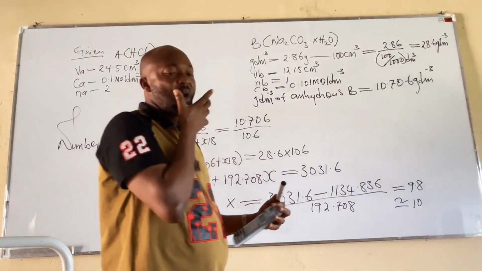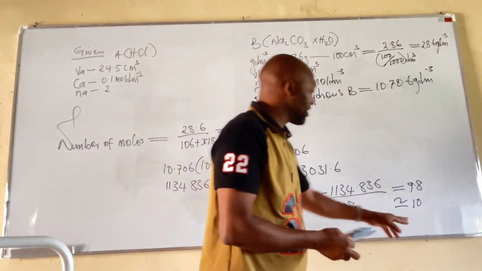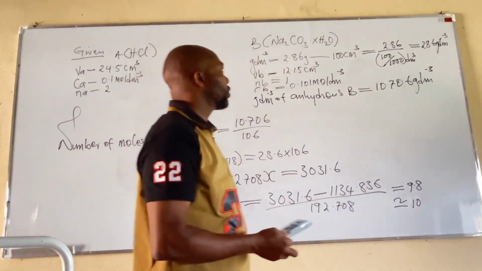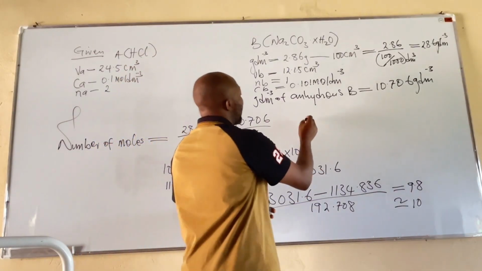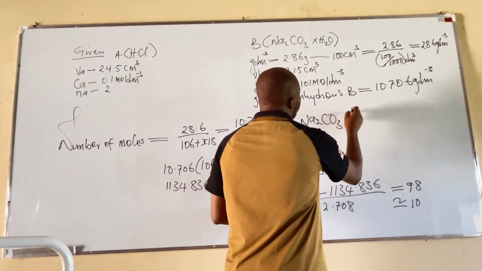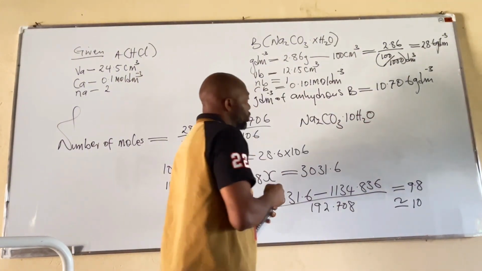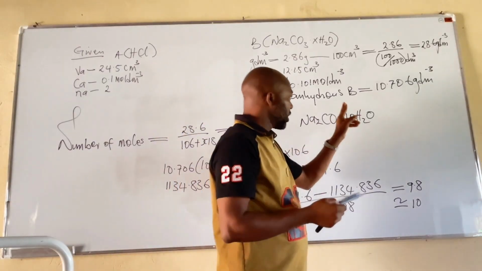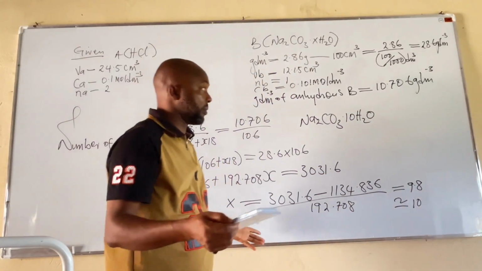So our number of moles of water of crystallization is 10 moles. So that definitely is a decahydrate. So if I have this compound, Na2CO3.10H2O, I will say this is sodium trioxocarbonate(IV) decahydrate. That is the complete name.